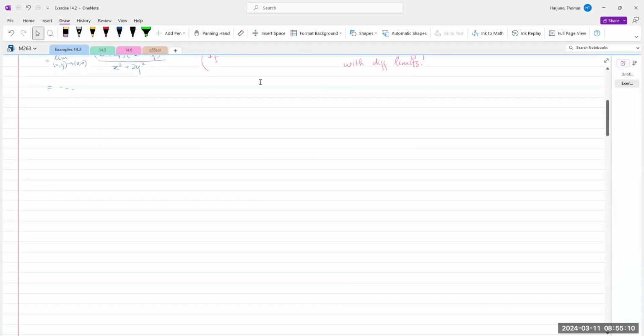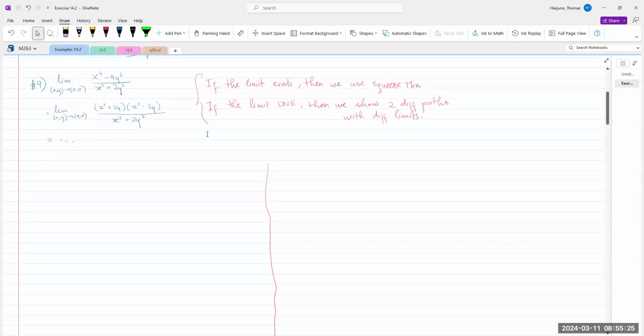I will show my formal work on the left hand side, but my scratch work I will do on the right hand side. And that's not what you show on your paper. Of course, on my paper you can, but you still separate that as your scratch work. Now, the idea is, if the limit exists, then we can squeeze them.